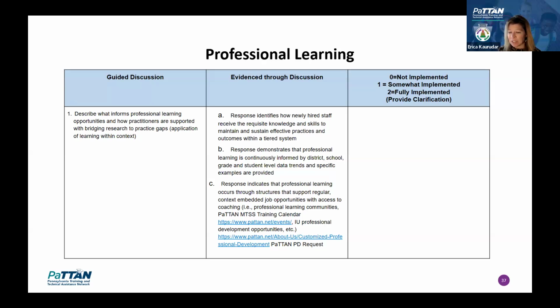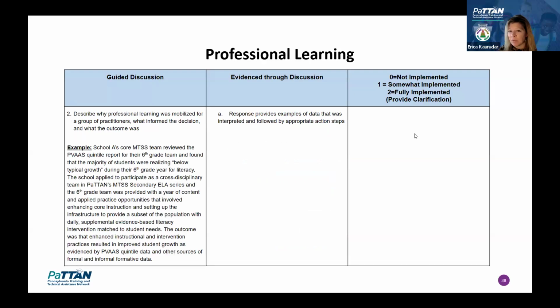So we want to consider how professional learning was designed based upon our data. Why was that mobilized? Is it continuously informed by district, school, grade, and student level data? And does professional learning provide regular opportunities to embed the strategies and skills learned in professional learning in job-embedded opportunities?